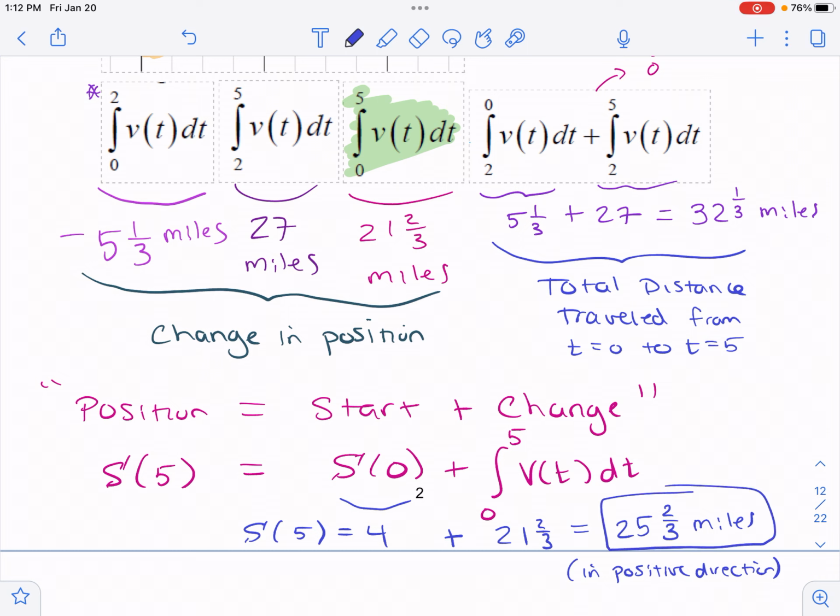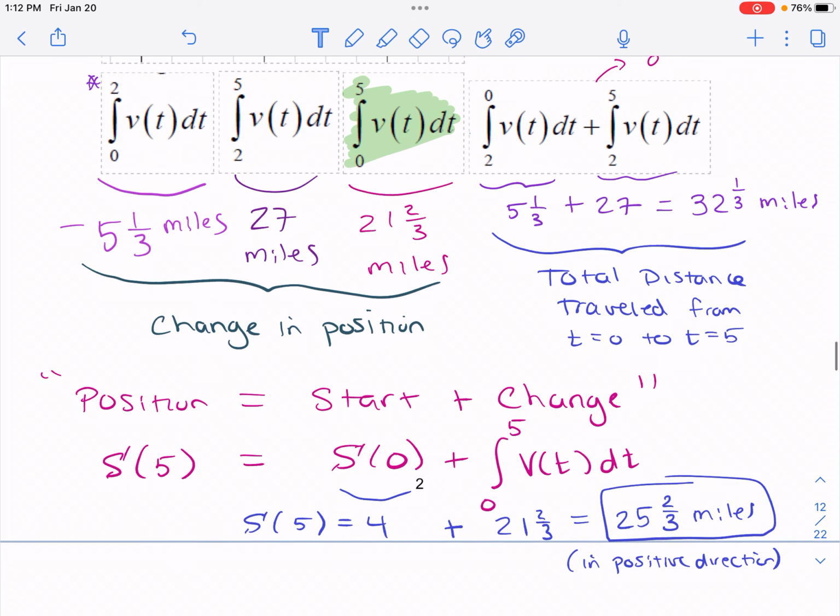I don't really need to say in the positive direction since the value is positive, but we should interpret it, right? It's at 25 and 2/3 miles in the positive direction.